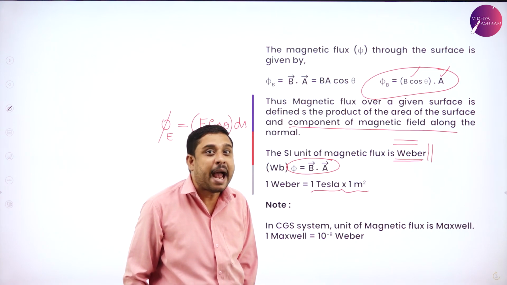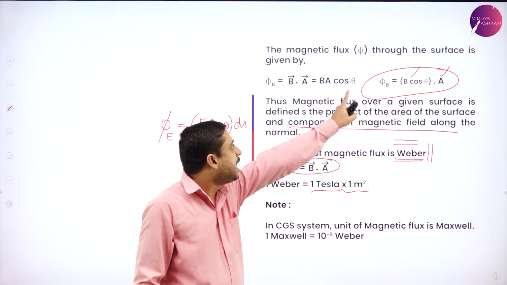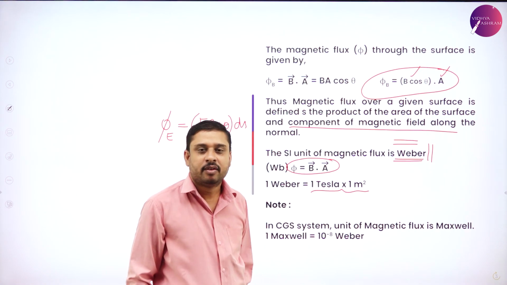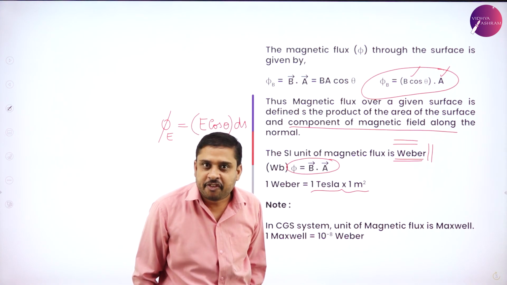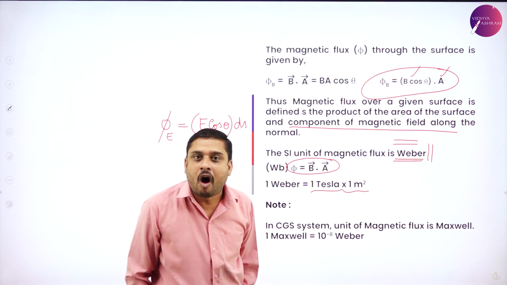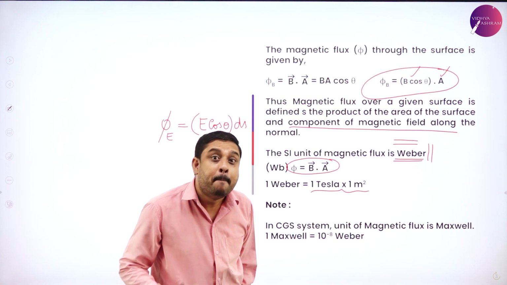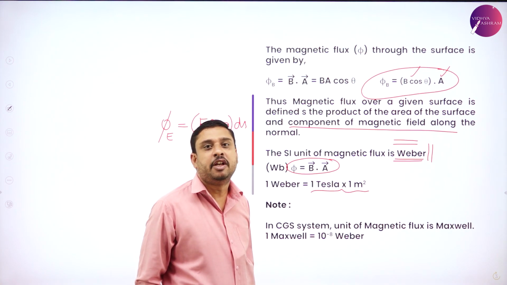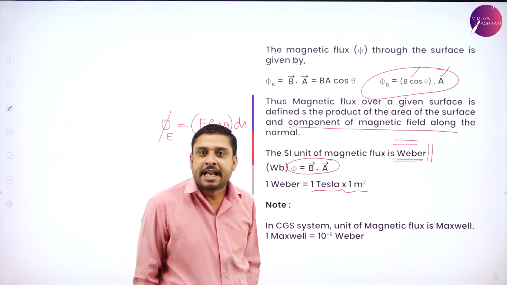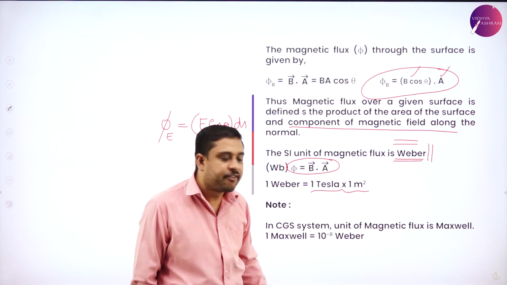So what is magnetic flux? B cos theta into A. Product of the component of magnetic field along the normal and area of the element is called magnetic flux.